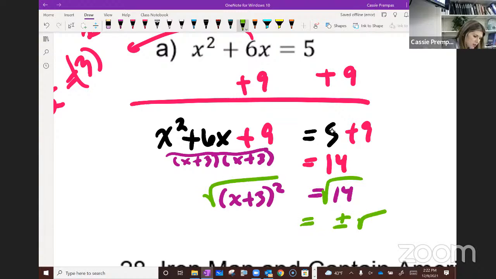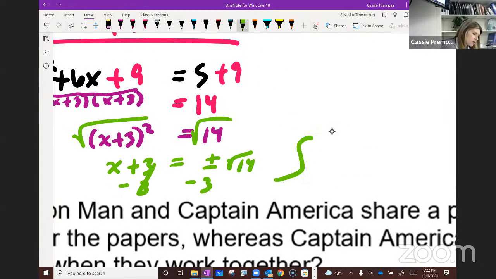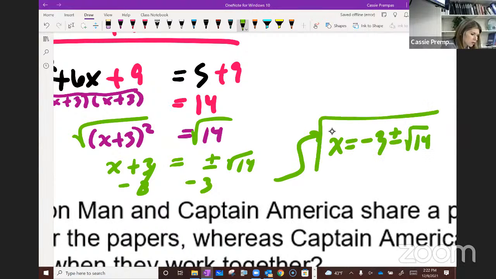Plus or minus. Nice. So I have x plus 3 equals plus or minus root 14. And what's the last thing I need to do? Minus the 3. Get x by itself. So my answer would be x is equal to -3 plus or minus square root of 14.